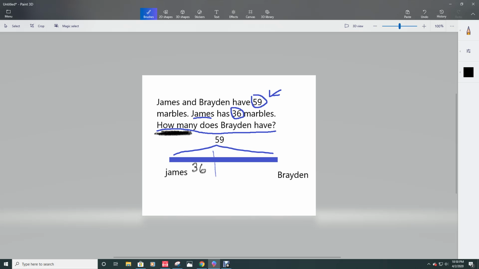We would be able to figure that out by seeing how many we have all together in our whole bar, 59, and James has 36. So we would be able to do 59 minus 36.